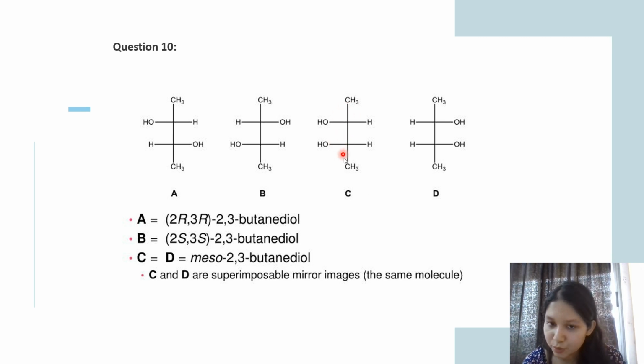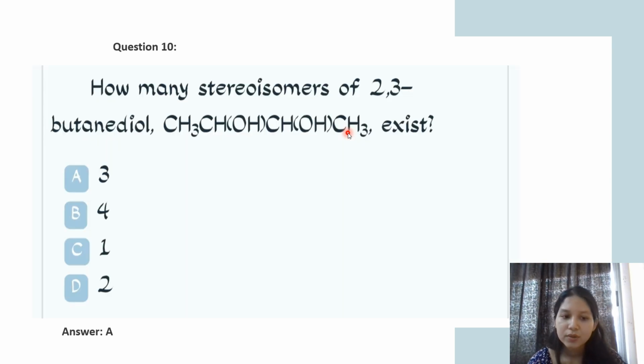Because if you rotate this molecule through this axis passing vertically, you will get the same compound as D. So C and D are identical. They are superimposable mirror images and will be an identical molecule. Hence, only 3 distinguishable stereoisomers are present for the molecule 2,3-butanediol.